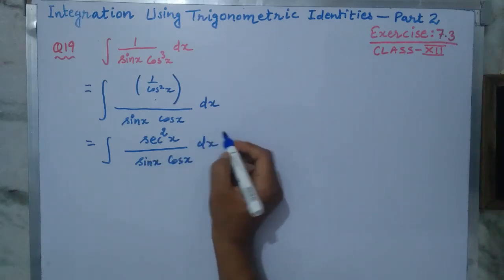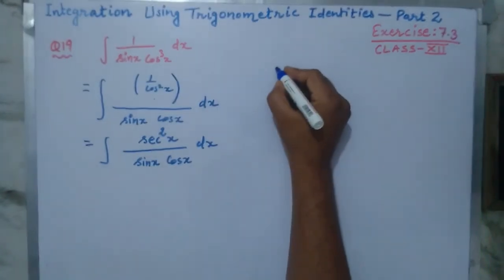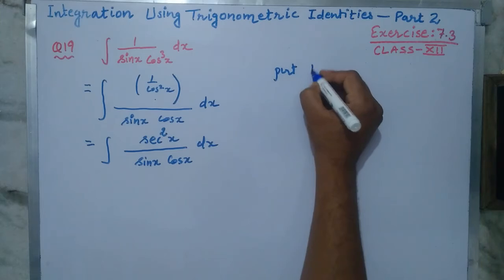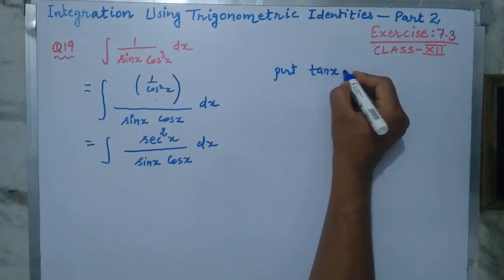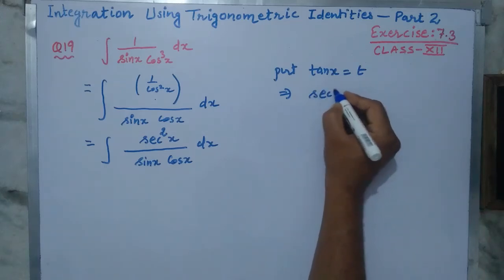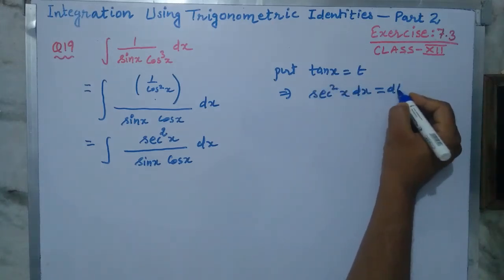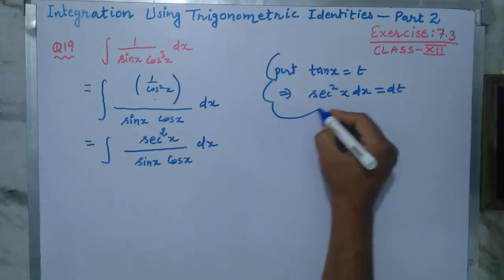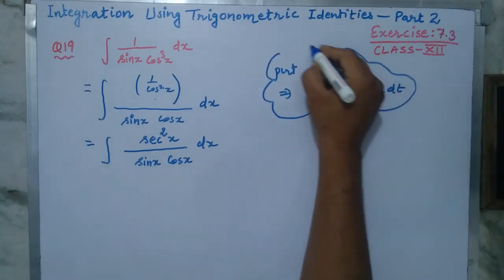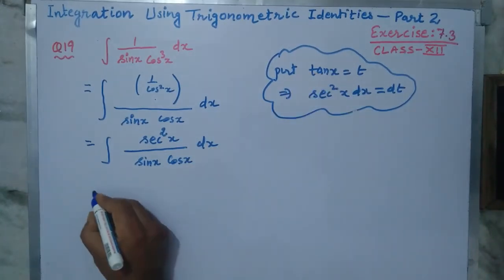So our purpose is now to make denominator tangent x, so that we can put tangent x equal to t, its derivative secant square x into dx will become dt. So numerator we have obtained, but in denominator what we should do?